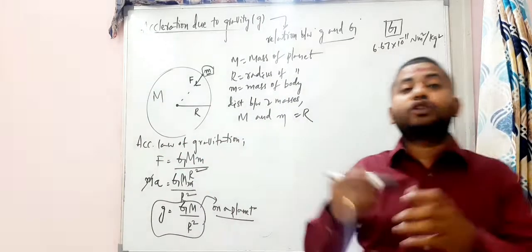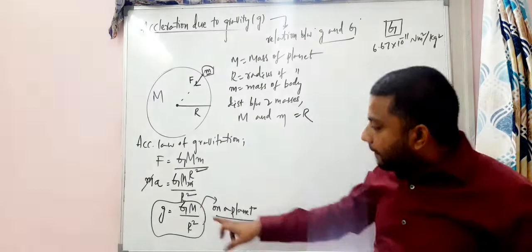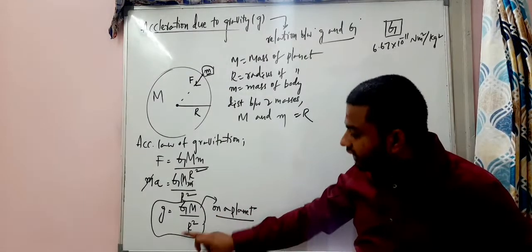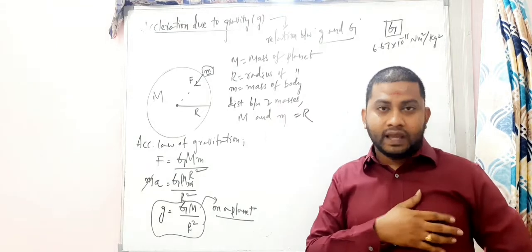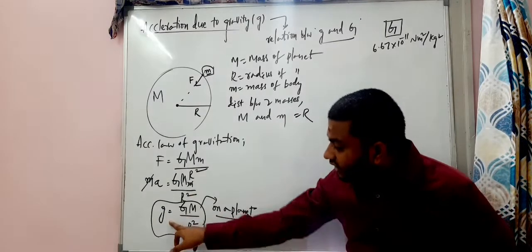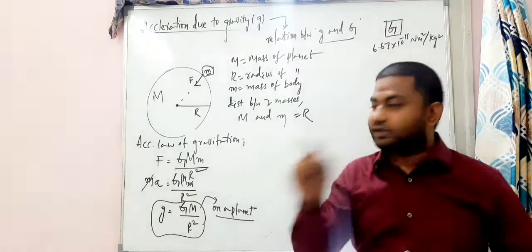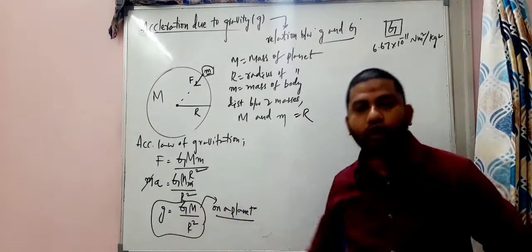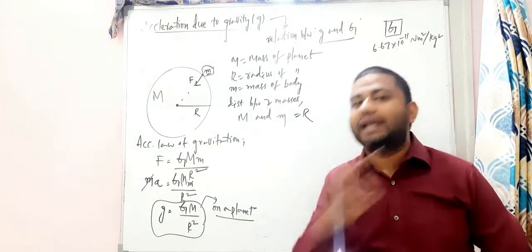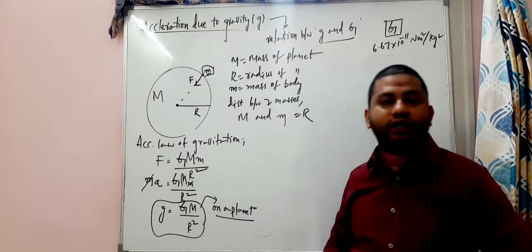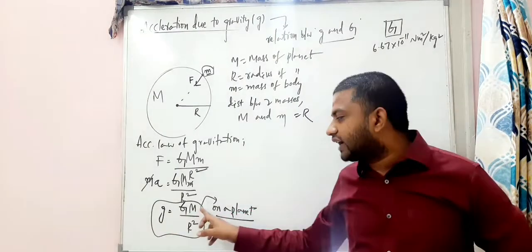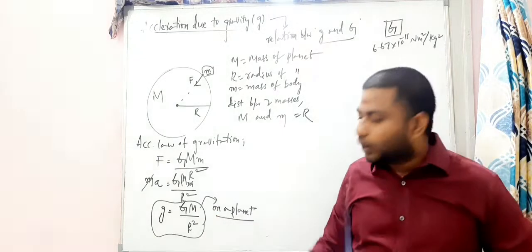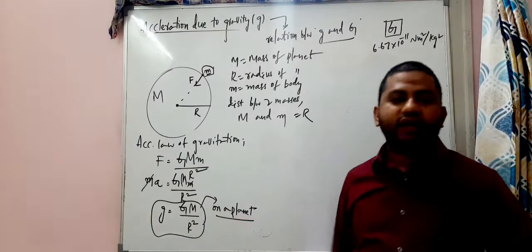And it depends on what? It depends on the mass of the planet and the radius of the planet when the body is kept on the surface. And this acceleration due to gravity is independent of the small mass. In the acceleration due to gravity formula, there is no small mass. There is no small mass here. It depends on the mass of the planet and the radius, right?